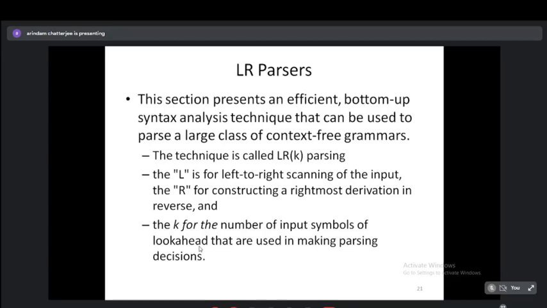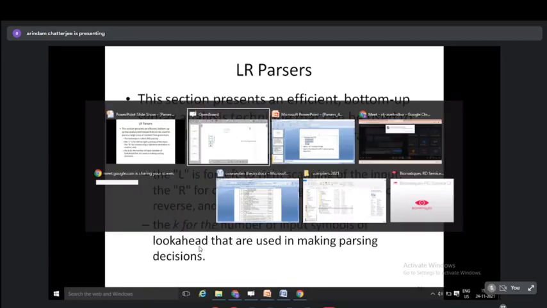These shift reduce parsers are essentially oscillating between two decisions, whether to take the shift action, meaning you read the input and push it onto the stack top, or you apply a reduction rule. So you basically pop n number of symbols from the stack and reduce them by one symbol, which is the left hand side of the corresponding production rule.